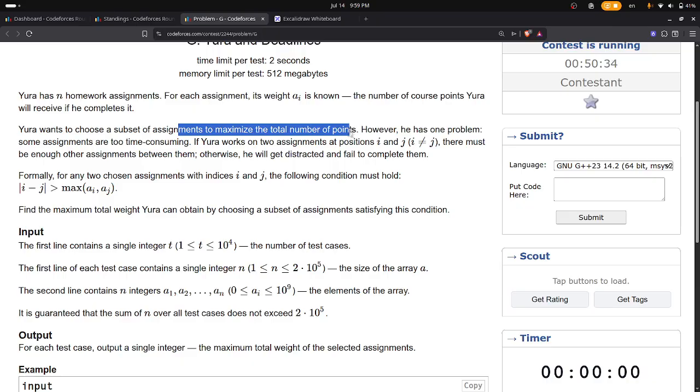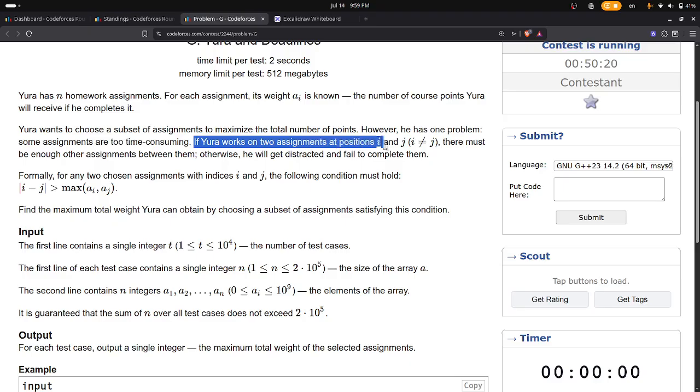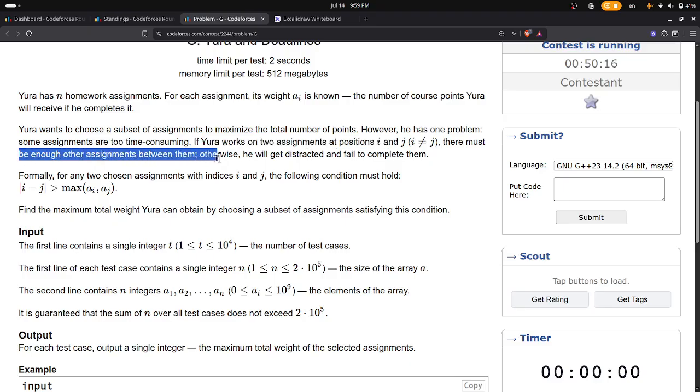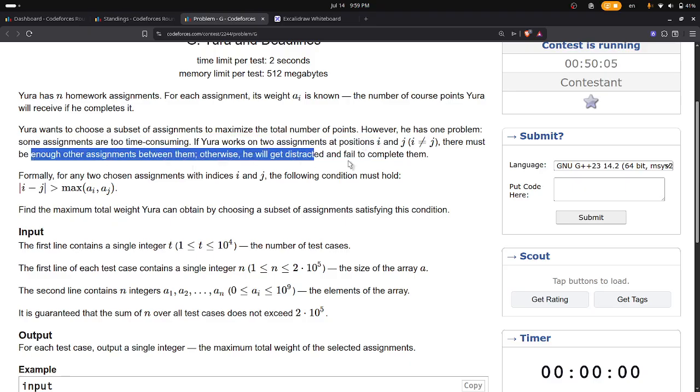For any 2 chosen assignments with indices i and j, the max of a_i and a_j must be less than or equal to the difference between their indices.